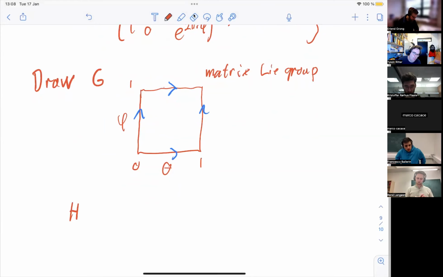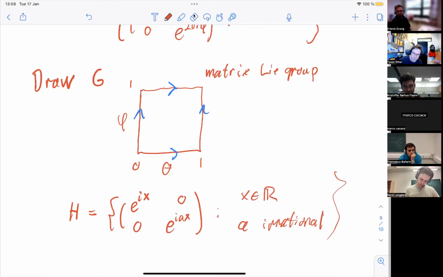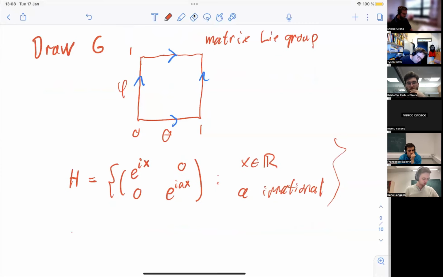I'll do the subgroup, which is e to the i x 0, e to the i a x 0, where x is real and a is irrational. And this is not a matrix Lie group.